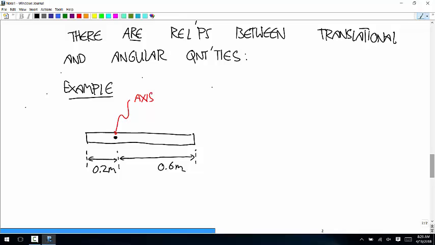And let's say that this body has an angular velocity of 10 radians per second. And an angular acceleration in the other direction of 15 radians per second squared. And let's call this angular position, well, let's just call that 0 radians.